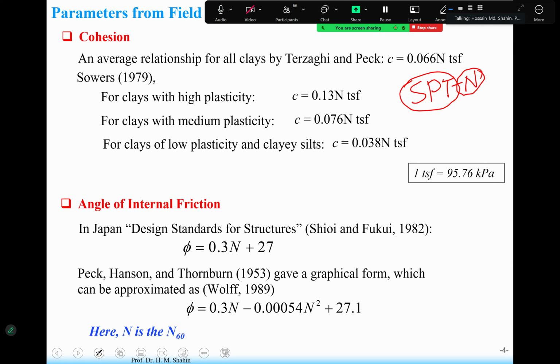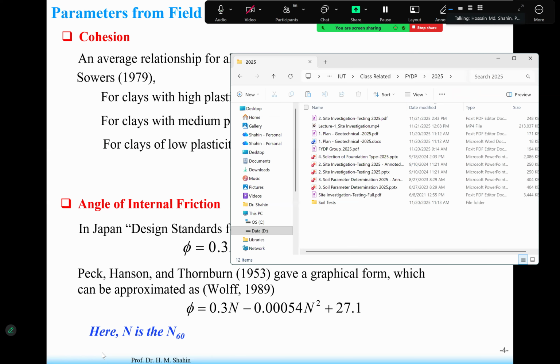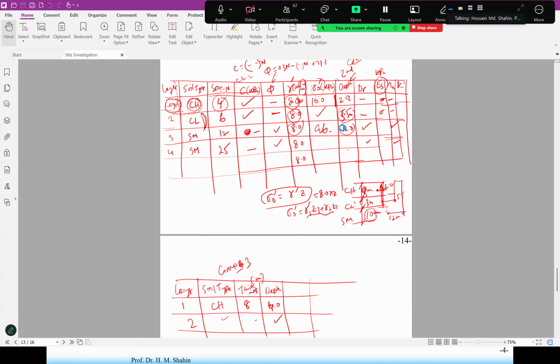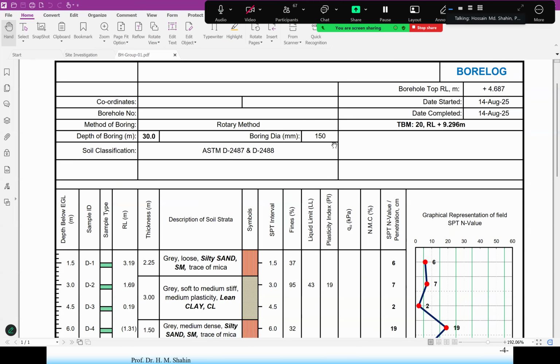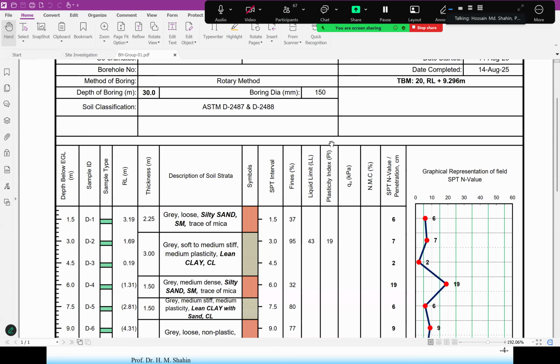In your soil test report you will see this one. So let me see here. I gave you some groups. Group one here. So what do you have? It has a boring depth of 30 meters.